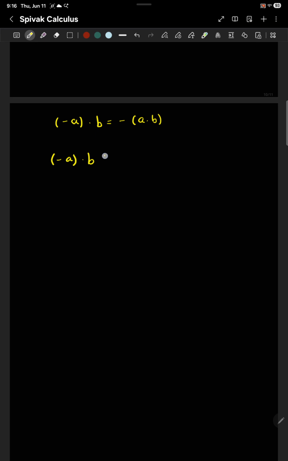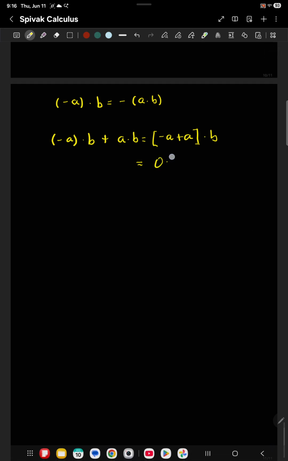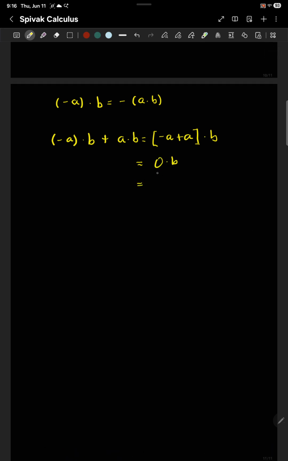Negative a times b plus a times b is, by the distributive property, negative a plus a times b, right? Negative a is the inverse of a, so when they are added together, it's 0. So 0 times b is in fact 0.